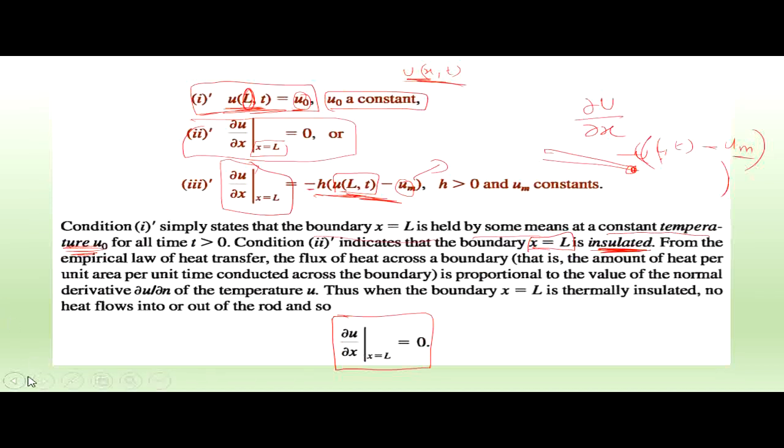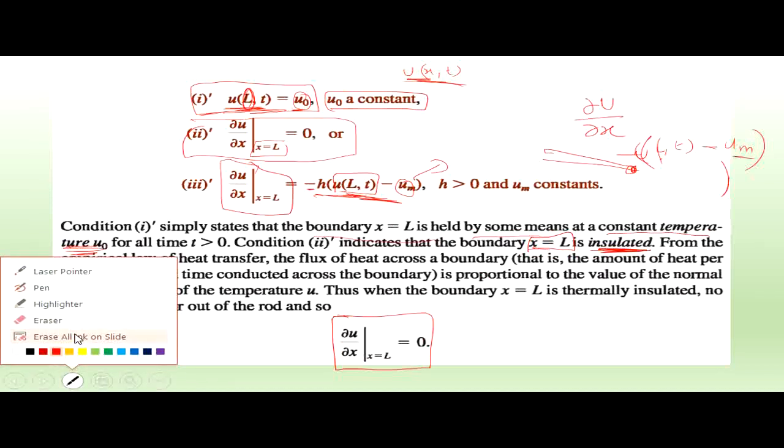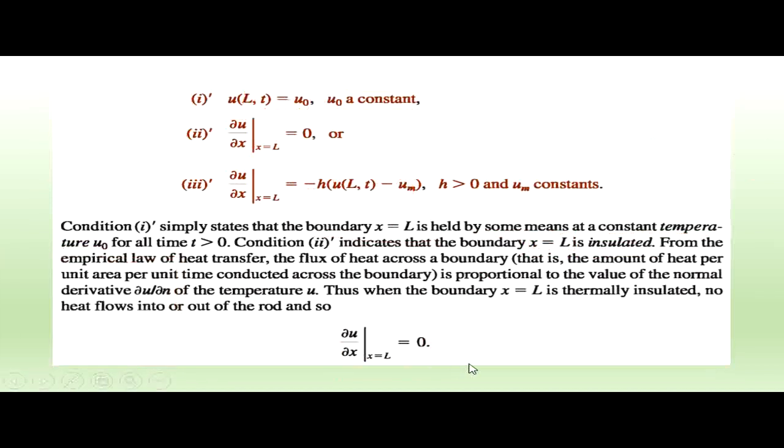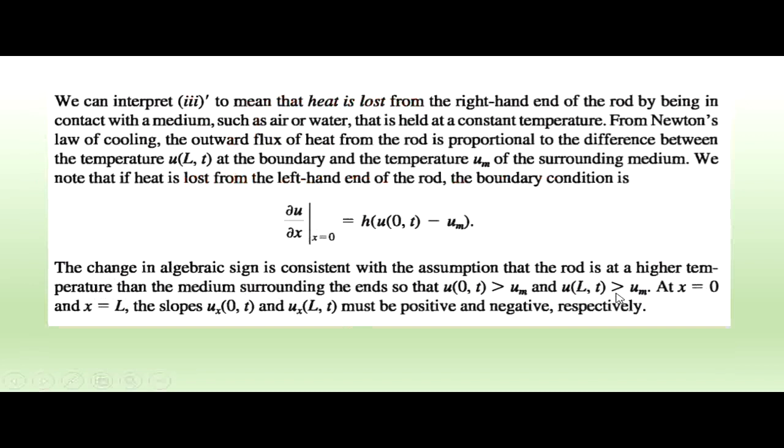So the third statement, the third condition, given on the next page. We can interpret the third condition to mean that heat is lost from the right hand end of the rod by being in contact with the medium, isn't it?